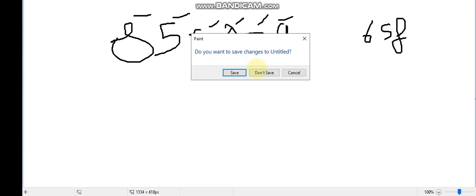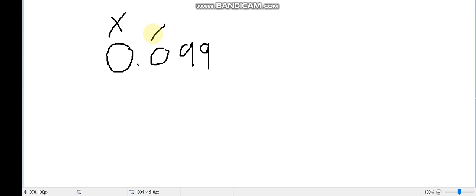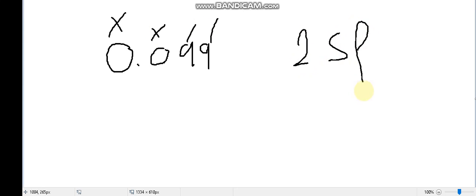Let's go for a new rule. If I have zeros before or after the decimal point, like this, then this is not counted and this is not counted. We count only this and this, so we have two significant figures.